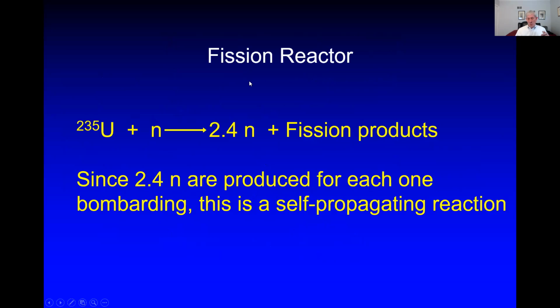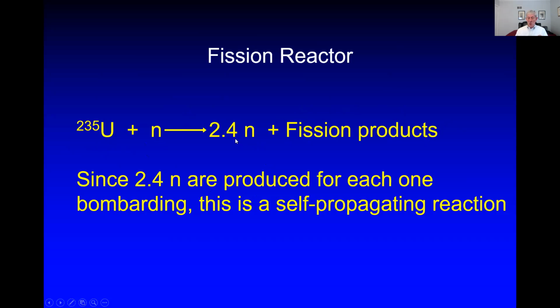This is a very important one here, fission reactor. And here's what happens. Uranium-235 is what is called fissile, F-I-S-S-I-L-E, or fissionable material. We bombard it with a neutron, it becomes uranium-236. And then that splits into 2, I hate to call them halves, 2 parts.